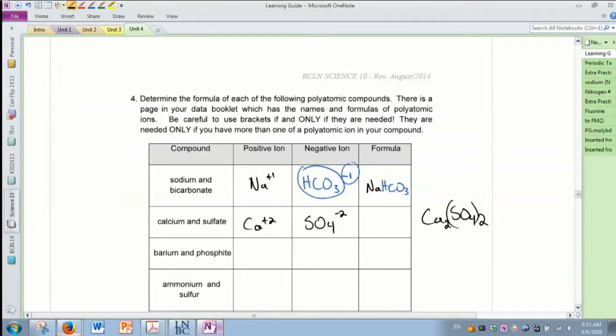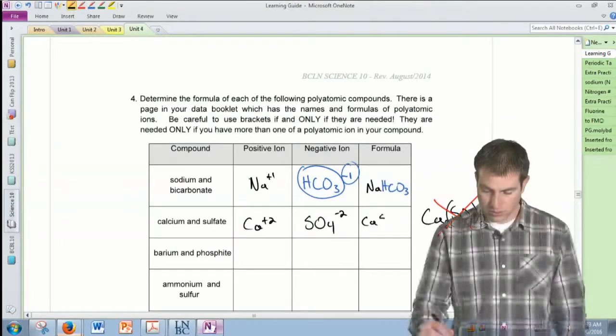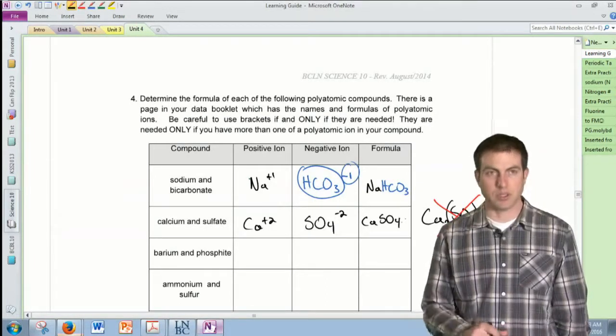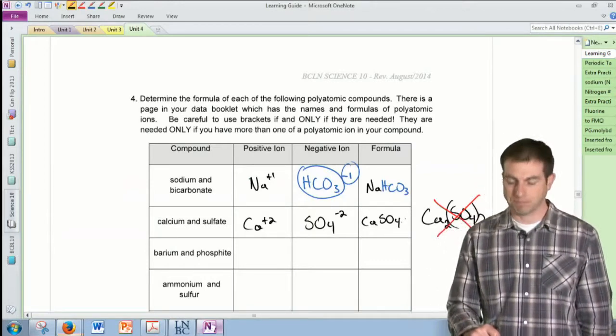And of course, we're going to put that SO4 group in brackets because it is a group and it can't be changed. We can't add S's and O's independently. Unfortunately, that's wrong. We don't need 2 calciums for every sulfate. Because they have a charge of +2 and -2, they are happy to exist as CaSO4.